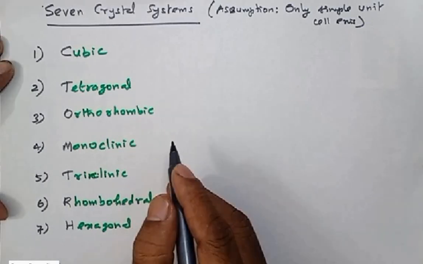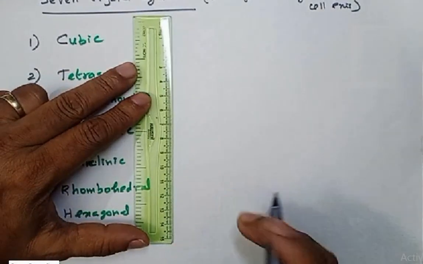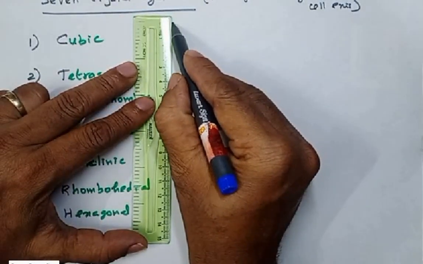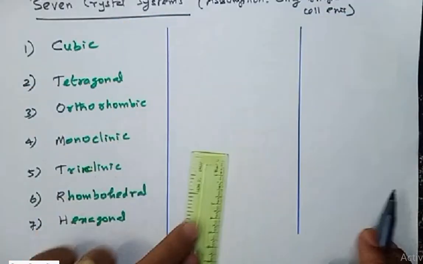Okay, first we'll see the length parameters, then we'll see the angle parameters. What are the different lengths possible for these systems? Let me write the length parameters first.